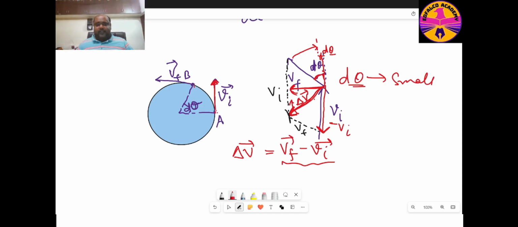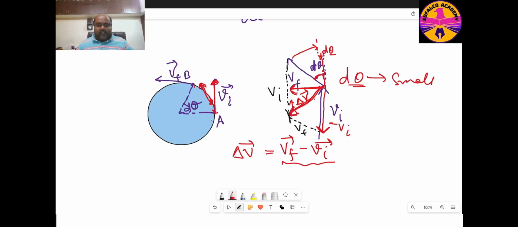If B becomes very close to A, the change that is going to happen will be very close to the radial line. So suppose it is this, then the change that is happening is how much?